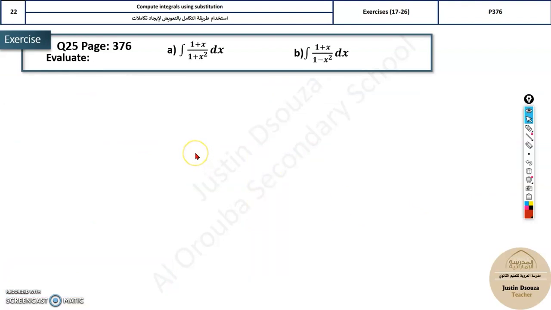Now we will go to this type of problem because it is a little different. Now imagine, what I would generally think is, okay, I will take this 1 plus x squared as u. Let me derive this. U is equal to, 1 goes off, it'll be 2x. But now over here in the numerator, you don't have 2x, it's 1 plus x.